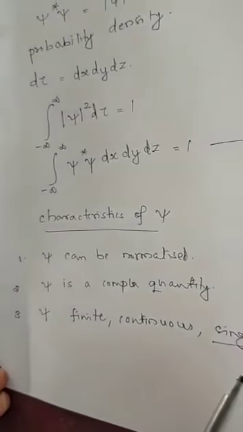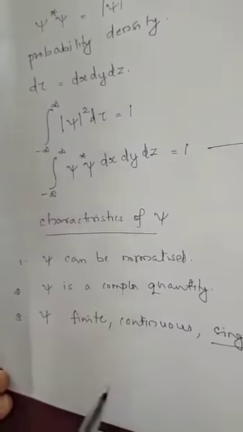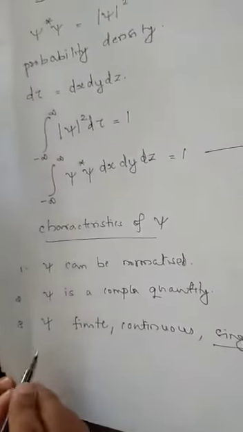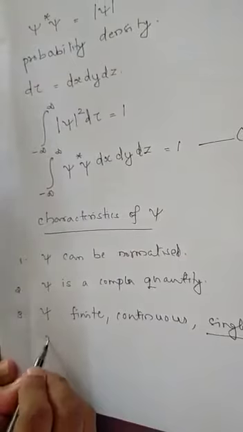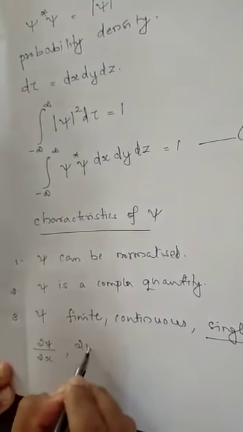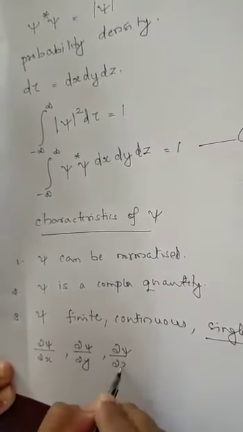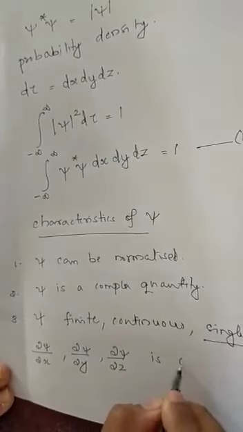And psi must be continuous. That is, if psi is continuous, then the first derivatives dou psi by dou x, dou psi by dou y and dou psi by dou z are continuous.